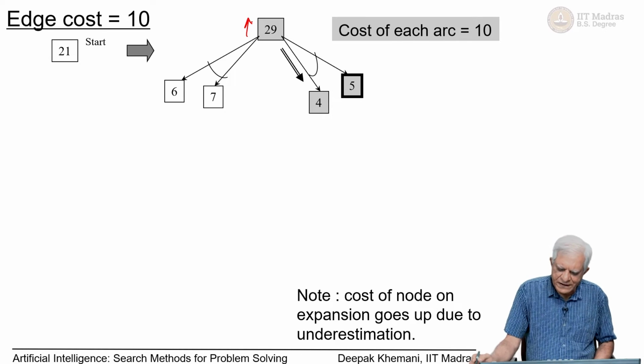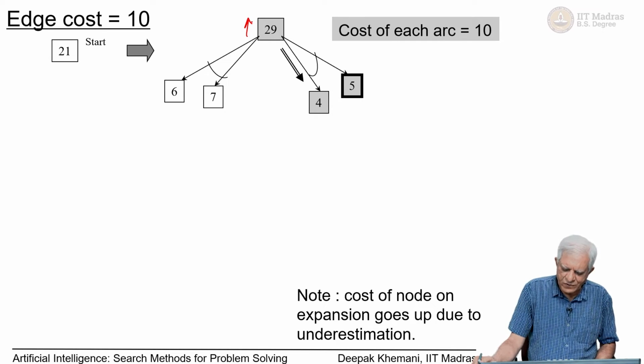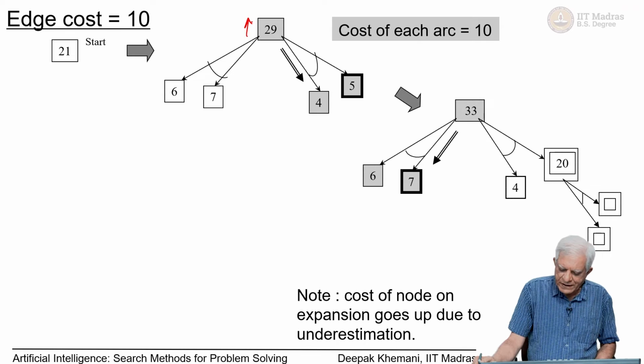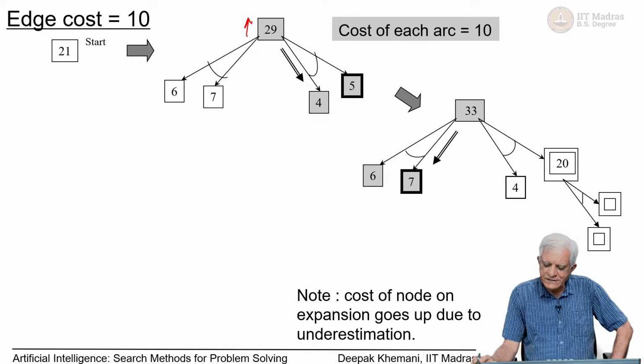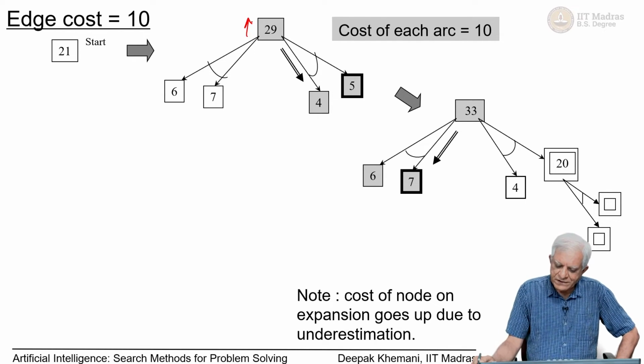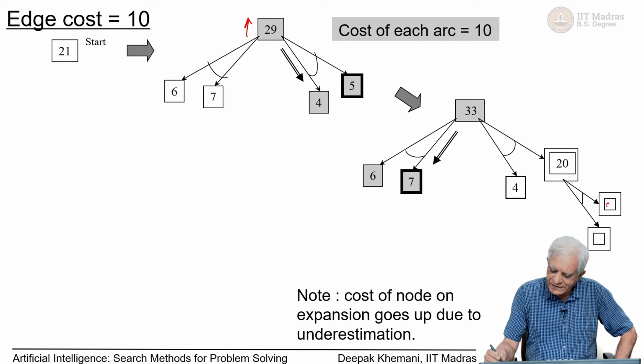So, again let us say we choose to refine the same node with the heuristic value 5, and this time what happens, once we refine that node with a value 5, this is a cost 0 and this is a cost 0 that we have set for all leaf nodes.